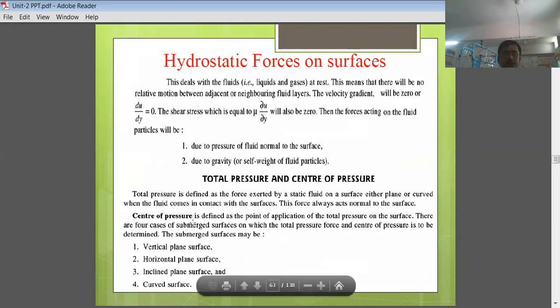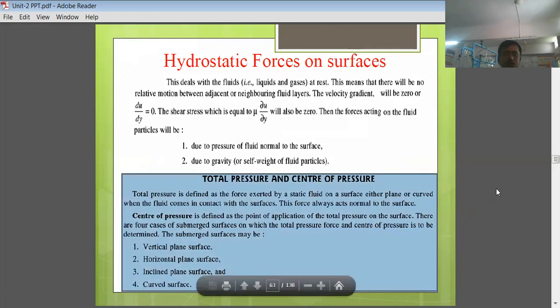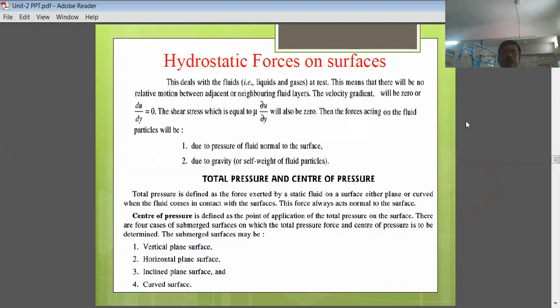Then write down the definition for total pressure, the definition for center of pressure, and these four cases: vertical plane surface, horizontal. Do it fast. Is it over?